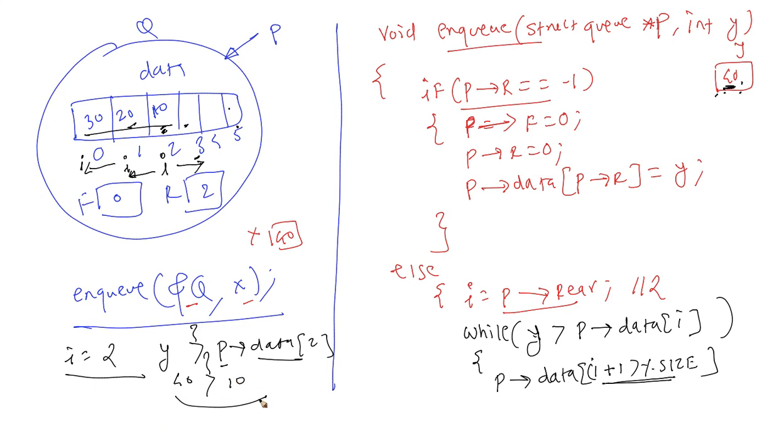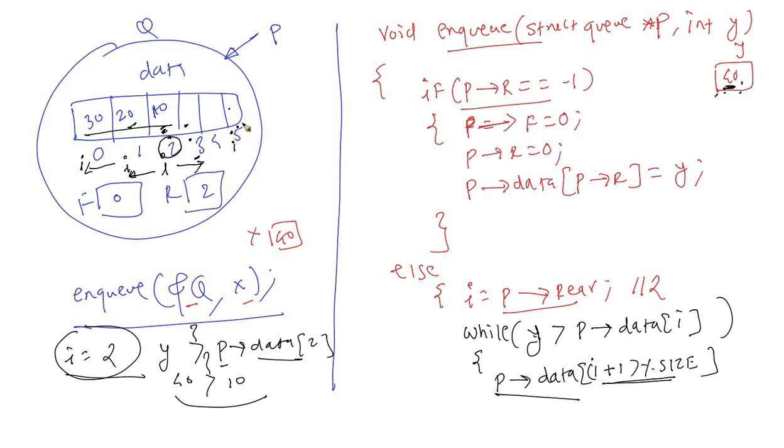Yes, the answer is yes. In that case, what will we do? P arrow data of I plus 1, the next location to I. I is here, right? Next location is this one. But mind well, this is okay in this particular case. But imagine if I is here, what is the next location?